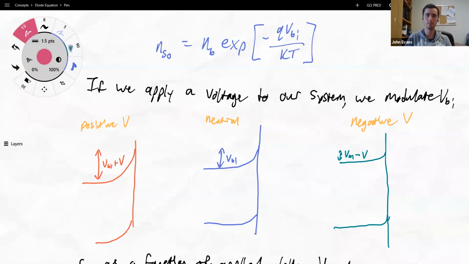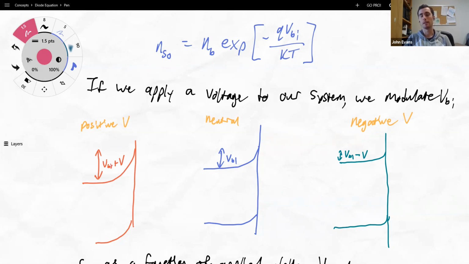So we're going to start with neutral. This is where we just have our V_BI. We know how to find that. We know what it means. But then if we apply a positive potential, what happens is the band bending increases here. We're going to pull them further down. So the voltage that we measure here is now going to be equal to V_BI plus our applied voltage.